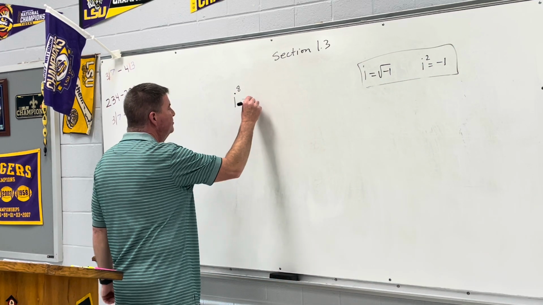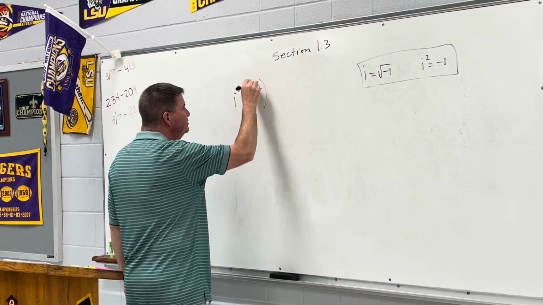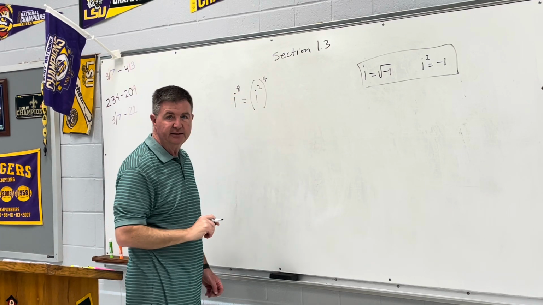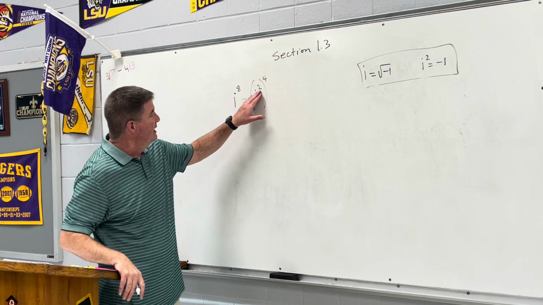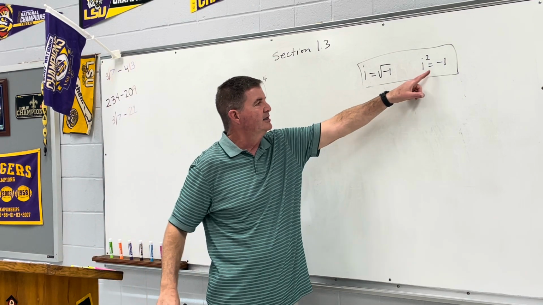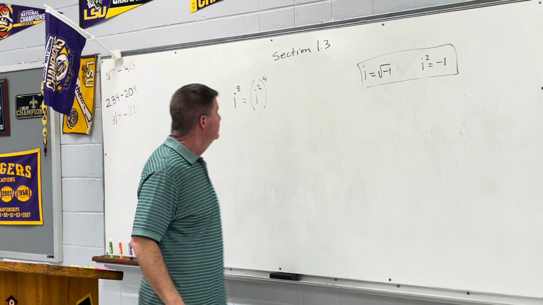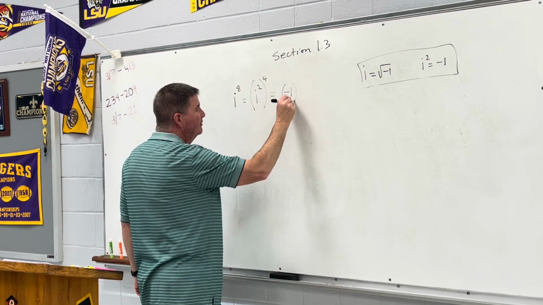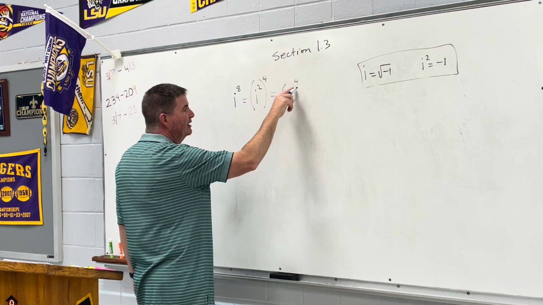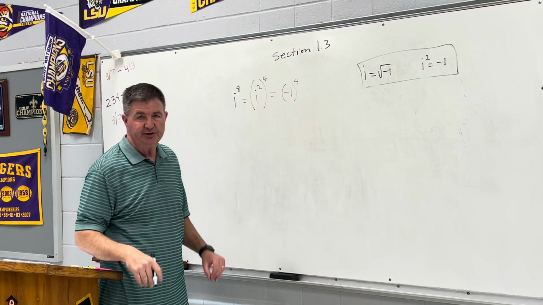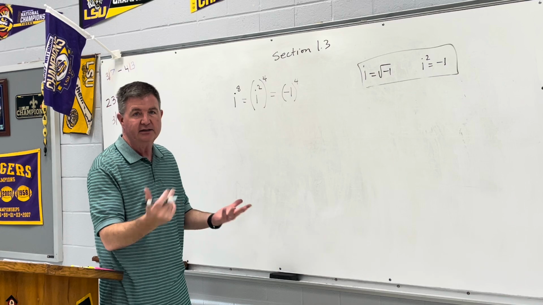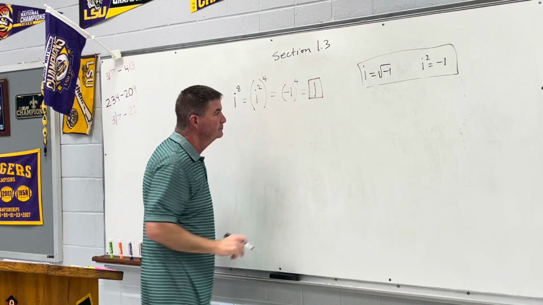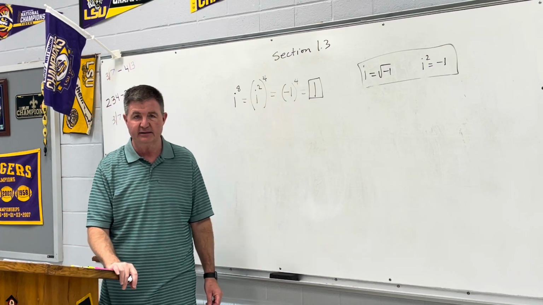So this is going to be i squared to the power of 4, because 2 times 4 gives me 8. I'm writing it as i squared because i squared is equal to negative 1. So this is negative 1 to the 4th power, which means there's 4 of them multiplied together. Negative 1 times negative 1, and so on. That gives me 1 as my answer.